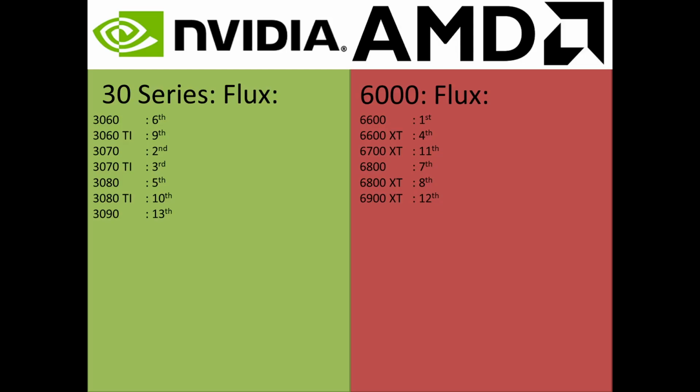Yeah, so the 3090 is not very efficient, neither is the 3080 Ti. Interestingly, this is the 3070 Ti's dominant algorithm. It's actually really efficient on Flux. It's about the only algorithm that it's efficient on, I believe. Oh no, sorry, it is also efficient on Ergo. That 3070 Ti got two algorithms.